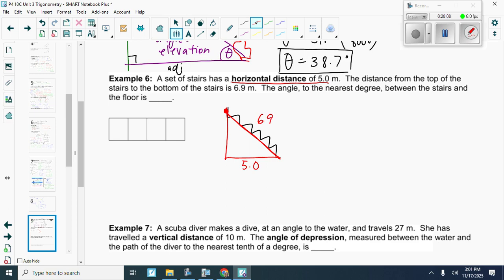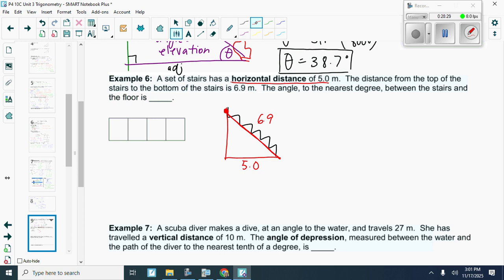So make sure that when they have it like that, don't go top of the stairs and say that this is the vertical, because you're not at the bottom of the stairs right here. This is the bottom of the stairs.